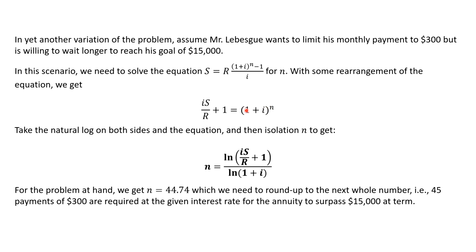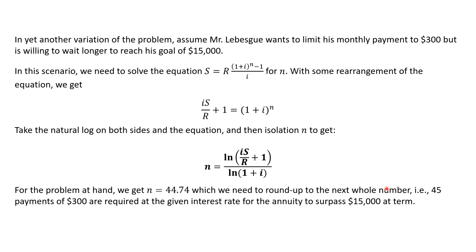And that gives us, on this side here, the log of 1 plus I times N. We can just divide that into this side here, which we've taken the natural log of, and we get this equation. So for the problem at hand, we get N equals 44.74.